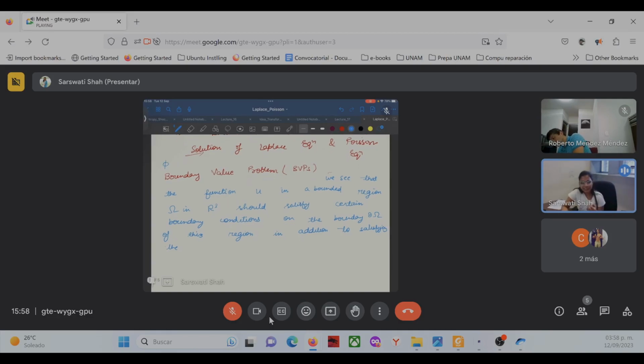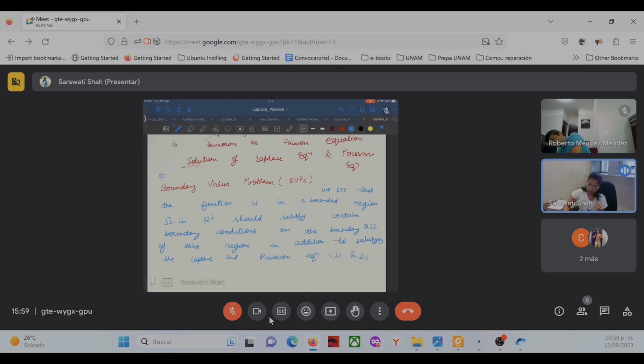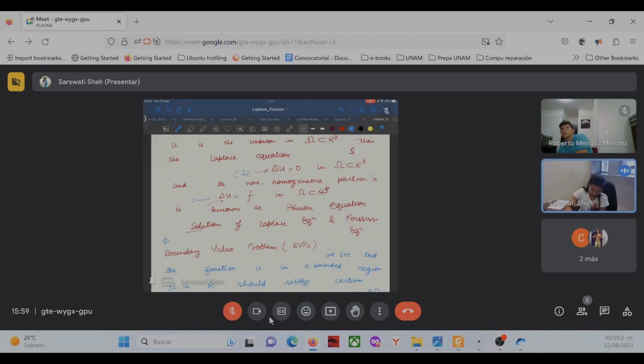That is basically the basic need of getting a unique solution of the given partial differential equation, to satisfy the Laplace and Poisson equations. First and two. I did not mention, so it is first, it is two.